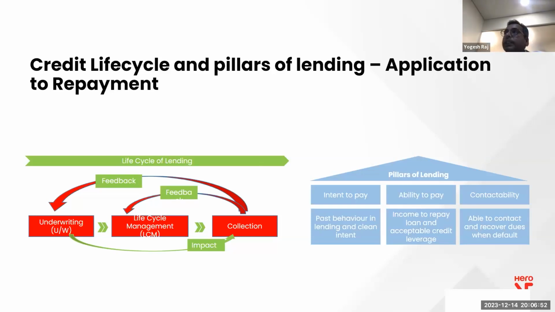Whenever a customer comes, they apply through your portal or whatever manual way is possible. At that time, you try to assess the customer's application. That assessment process itself is called underwriting, where I am trying to understand all three parts listed on the right side of the figure.